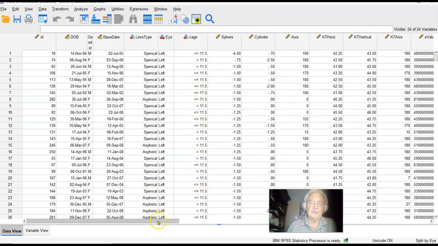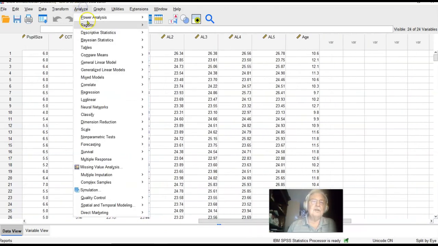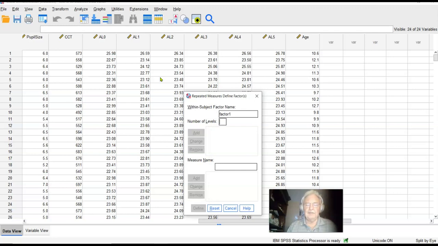Okay, now let's go to the general linear model form of repeated measures. Now the next time we're going to talk about mixed model. It's pretty different from this, but we're going to define a factor. We're going to call it AL, and there are 6 levels, and we're going to add that.